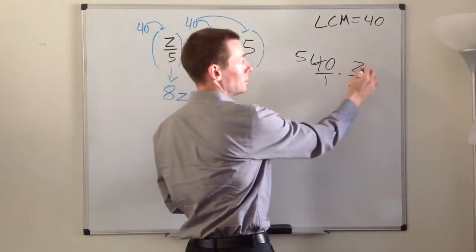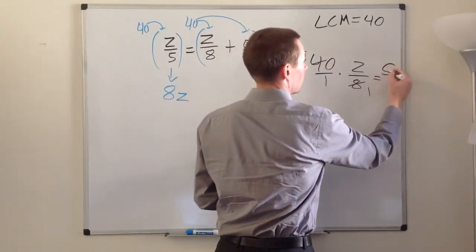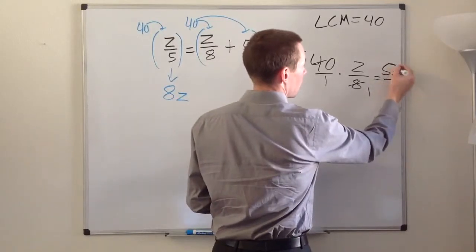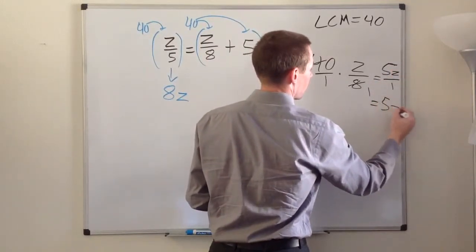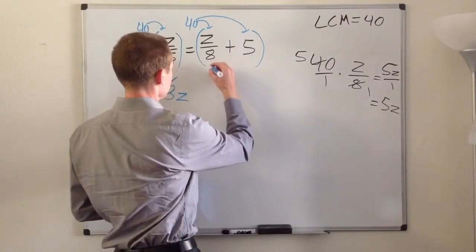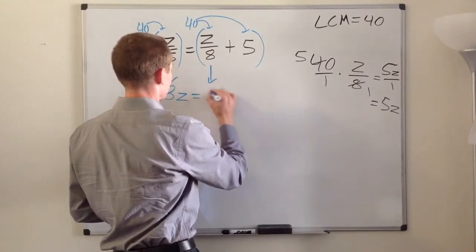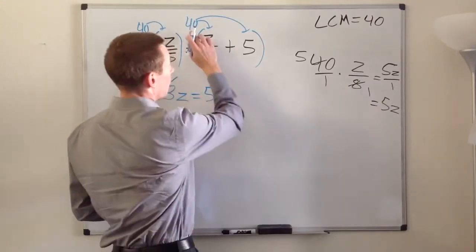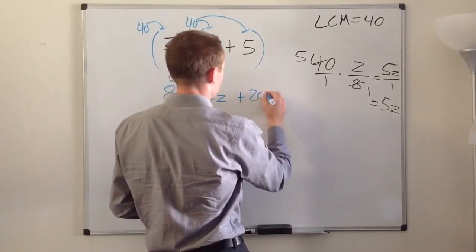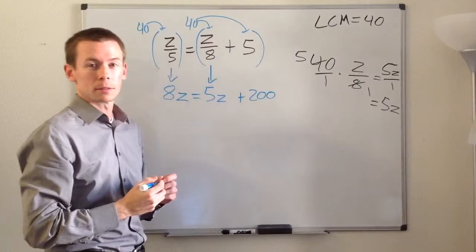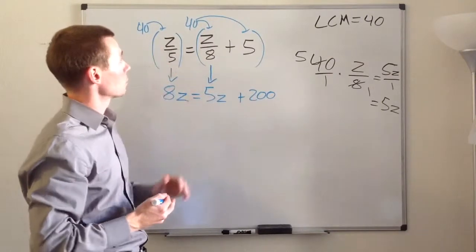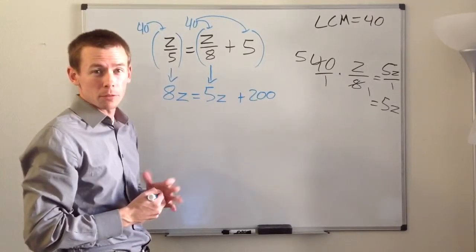So 5 times z is 5z, and 1 times 1 is 1. So that equals 5z. And then don't forget 40 times 5 as well is plus 200. Okay?